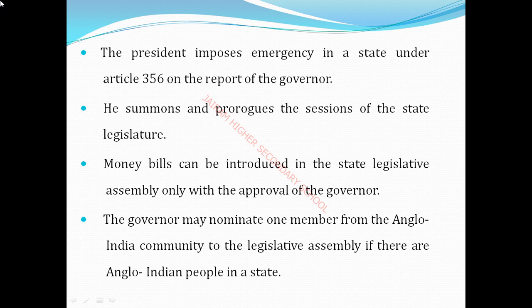So at that time the governor of the state, here Tamil Nadu, immediately takes action to report in detail about the situation of Tamil Nadu to the person known as the first citizen of our nation, the president.